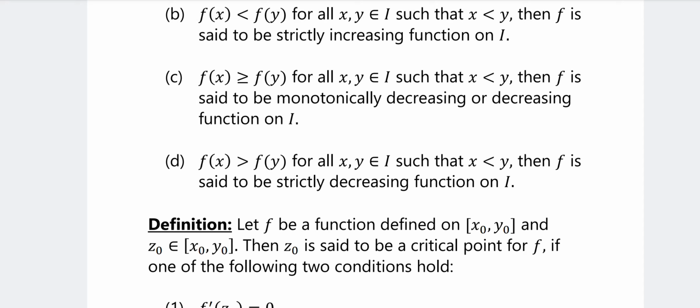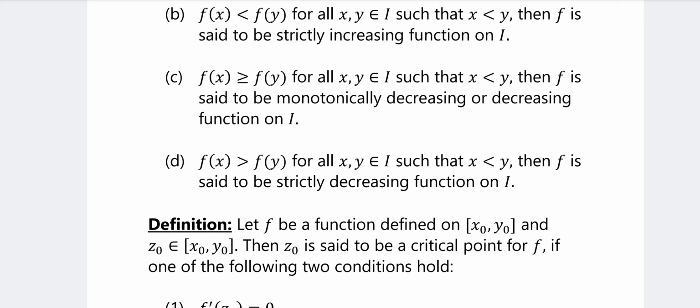Then f is said to be monotonically decreasing, or just a decreasing function. What is a strictly decreasing function? You see part D: f(x) is greater than f(y) for all x, y belonging to I such that x is less than y, then f is said to be a strictly decreasing function.